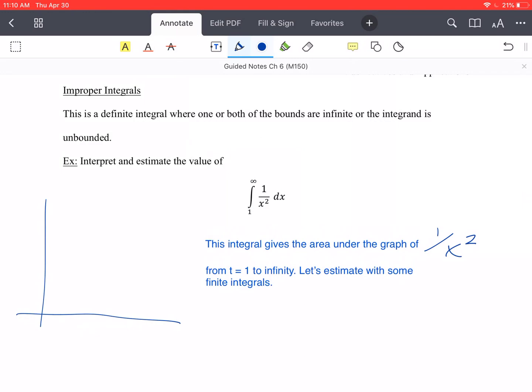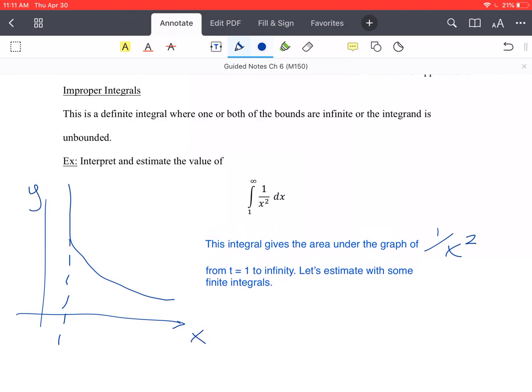So what's really going on here is we have the graph of 1 over x squared, which looks something like that. Because it's asymptotic, it has a vertical asymptote here at the y-axis. And we're starting right about here, and that's x equals 1. Then x is just going to head off in that direction.